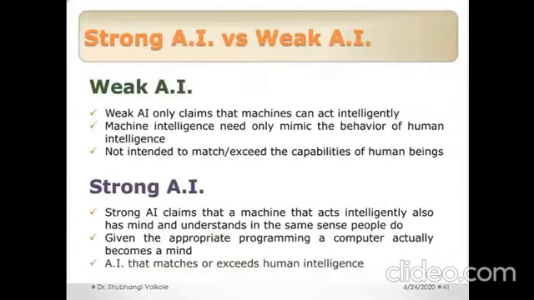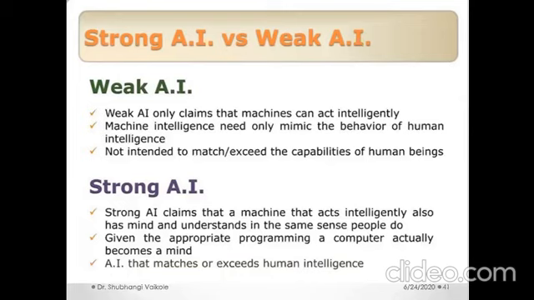Now we'll see strong AI versus weak AI. What is weak AI? Weak AI only claims that machines can act intelligently. Here we are assuming that the machine can act intelligently. Machine intelligence need only mimic the behavior of human intelligence.